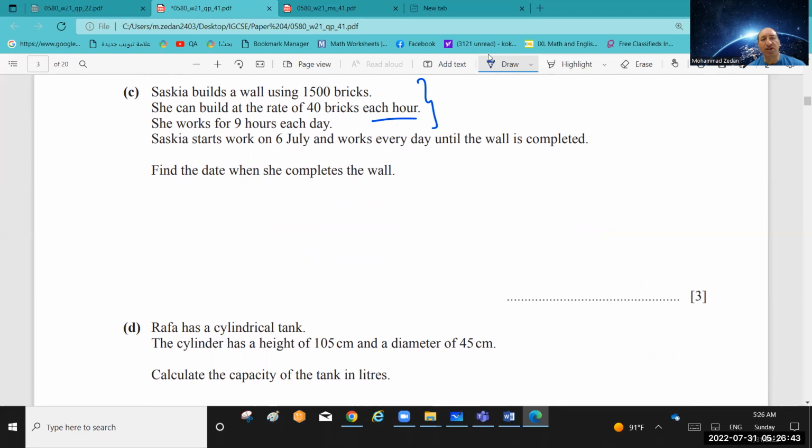Saskia starts work on 6th July and works every day until the wall is completed. So first of all, I need to calculate the number of bricks she builds in 1 day.